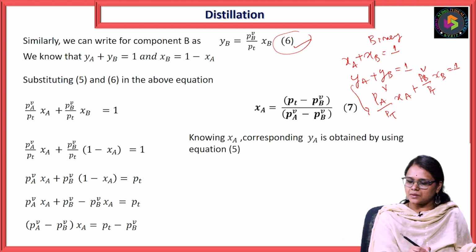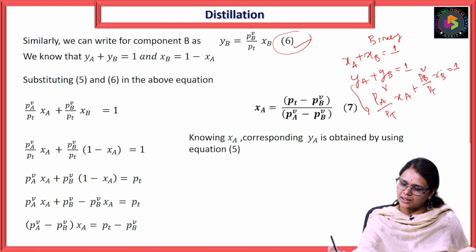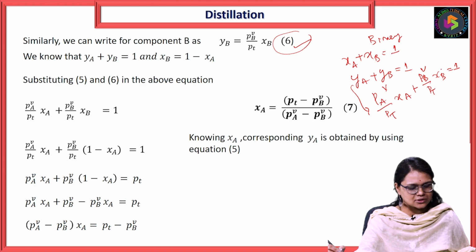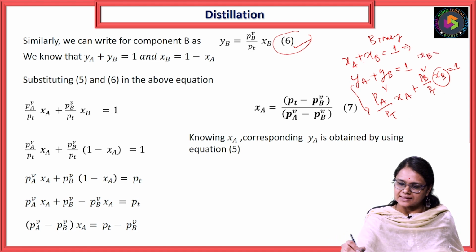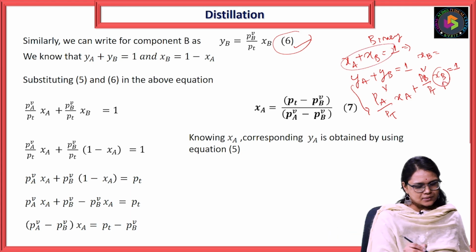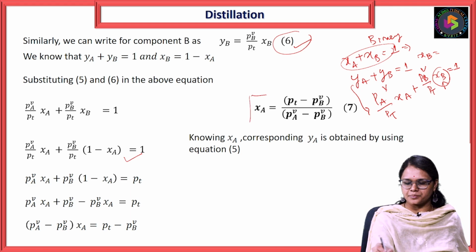Now if I wanted to write it in terms of only one mole fraction, in place of XB I can write 1 minus XA from this equation. So I can substitute that, which is what we have done here. After reducing it, we'll get this equation.